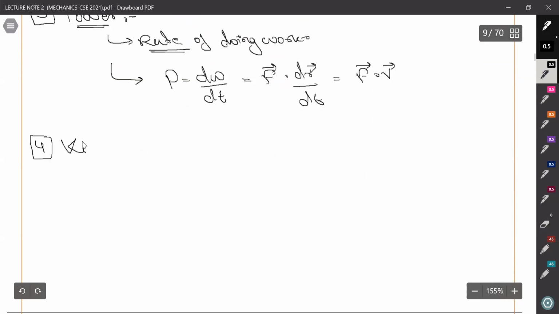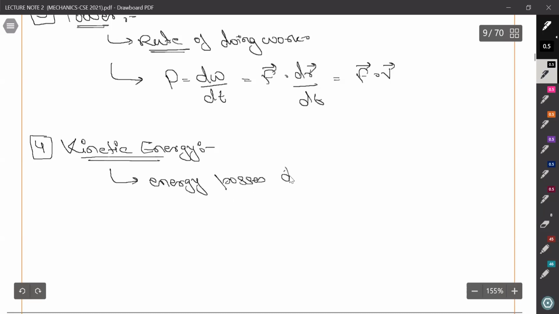We need to study one more thing, and that is kinetic energy. What do you mean by kinetic energy? Kinetic energy is the energy a body possesses due to its motion.